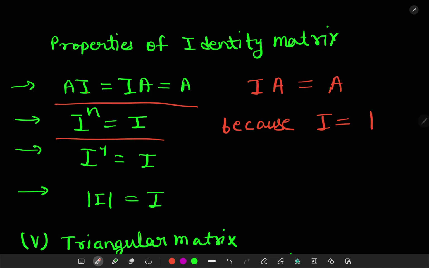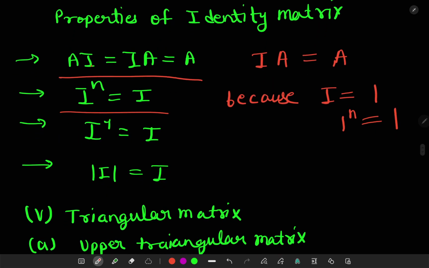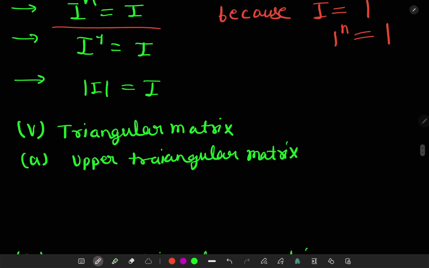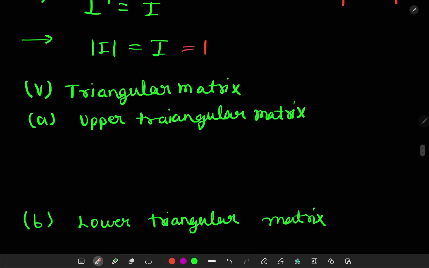If we take 1 raised to power n, it is equal to 1. If we take the inverse of the identity matrix, it is always the identity matrix, and its determinant is also equal to 1.